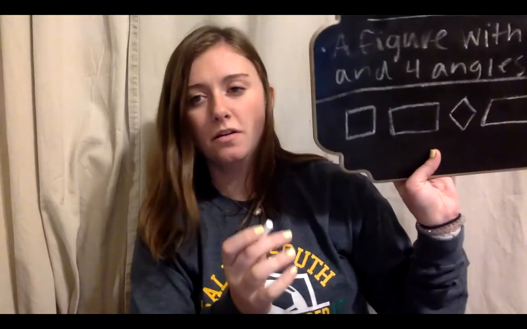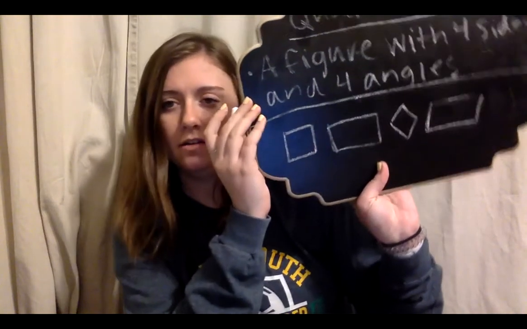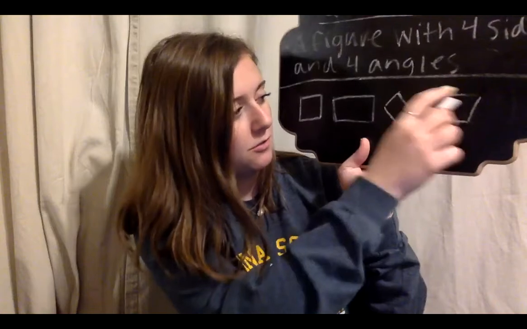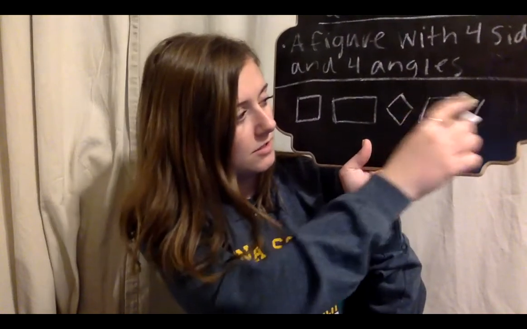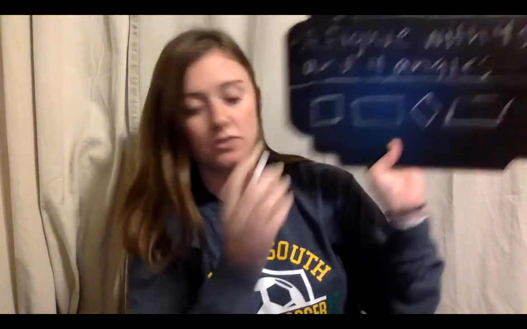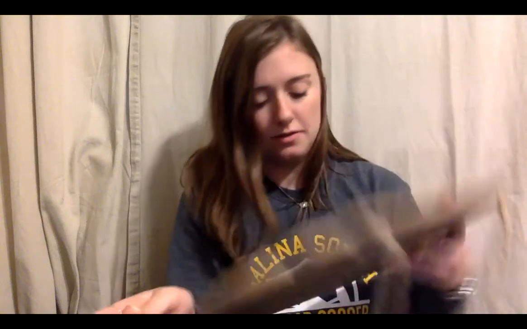Okay. So you can see it has 1, 2, 3, 4 sides and 1, 2, 3, 4 angles. Okay. And then we have a trapezoid.